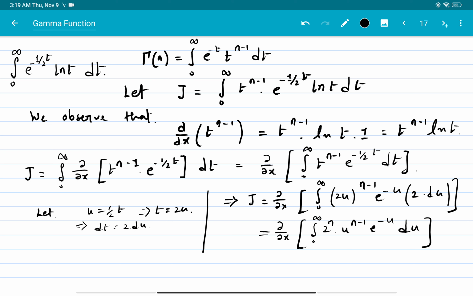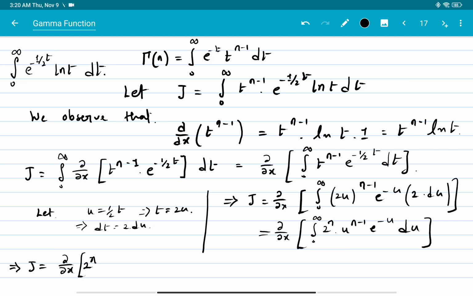And this is J, so J equals del x of 2 to the power x. Let's write it as x, so that the entire thing balances out.